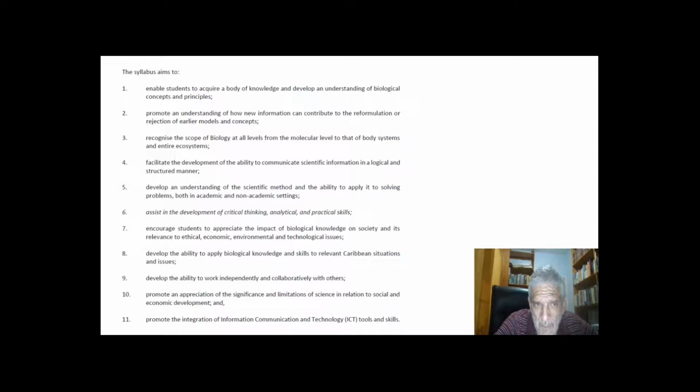Assist the development of critical, analytical, and practical thinking skills. Encourage students to appreciate the impact of biological knowledge on society and its relevance to ethical, economic, environmental, and technological issues.